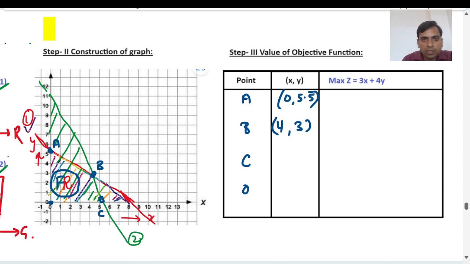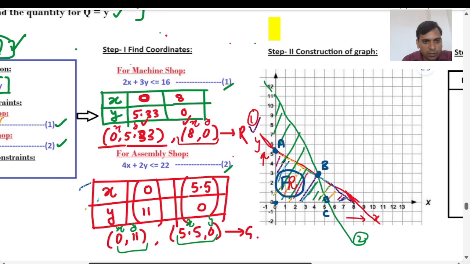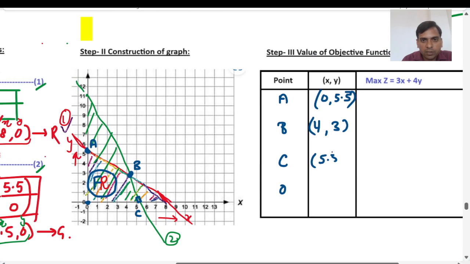So we are considering this as 5.33, and this point C is 5.5. Let's check this point. Yes, this is 5.5, 0. Okay, at origin this is 0, 0.